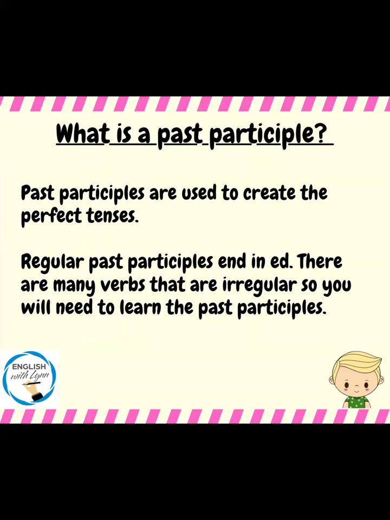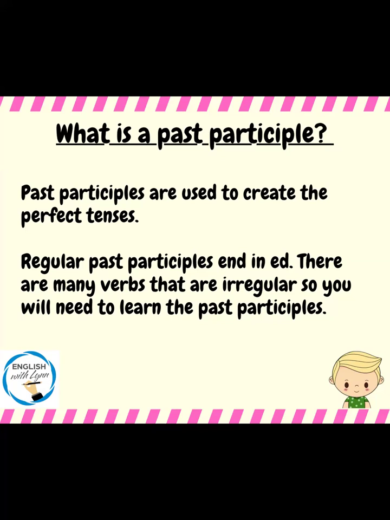Now, when you are taking a regular verb and you are making a past participle, you just put ed on the end of it, just like you would when you are creating the past tense verbs. If you are using irregular verbs, unfortunately, they don't follow those rules. So you are going to need to learn the past participle for those verbs.